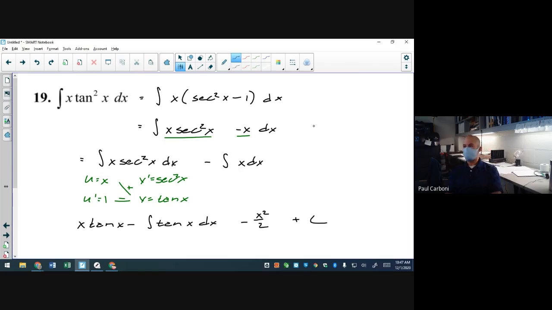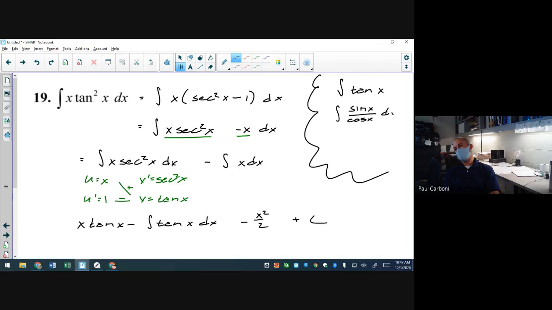And now we have the antiderivative of tangent. It's very quick. And I think I may have done it yesterday. Did I do it yesterday? That's right, it was in the multiple choice, the ones y'all had over the break, wasn't it? Yeah, rewrite that as sine x over cosine x. And the top is the derivative of the bottom if you put a negative there.